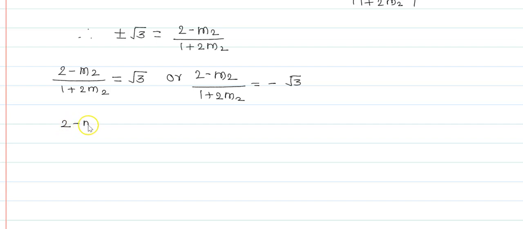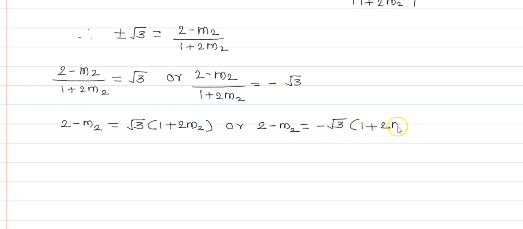2 minus m2 is equals to root 3 in bracket 1 plus 2m2, or 2 minus m2 is equals to minus root 3 (1 plus 2m2).